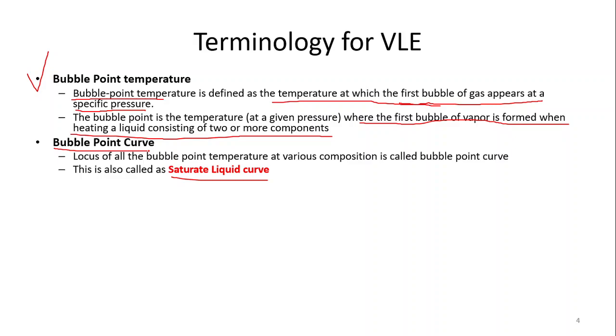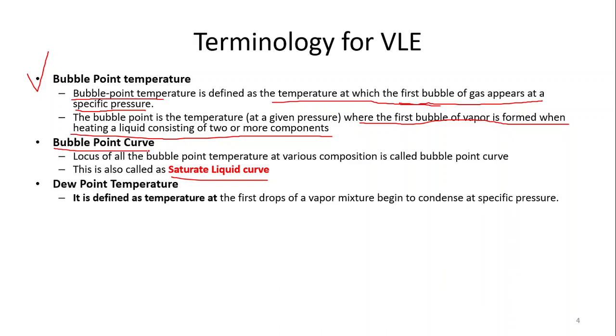For a binary system, for example, one composition could be 20% A and the remaining 80% B. A second composition could be 40% A and 60% B. For these two compositions we have different bubble point temperatures. In this way we can have different values of bubble point temperatures. If you plot all these temperatures against compositions in a graph, we can develop the bubble point curve, and that is nothing but the saturated liquid curve.